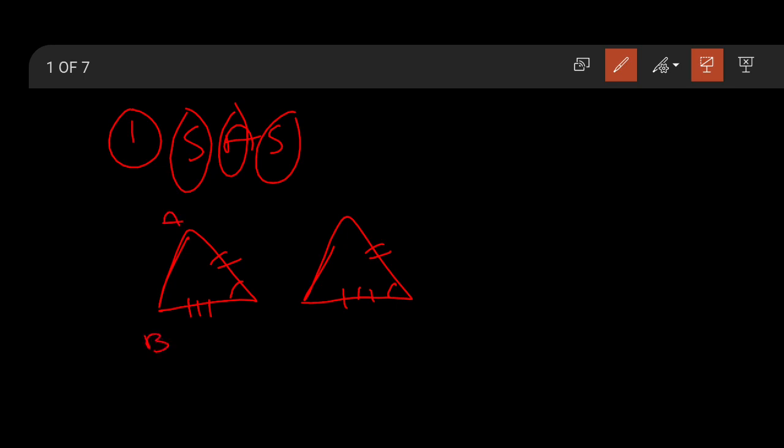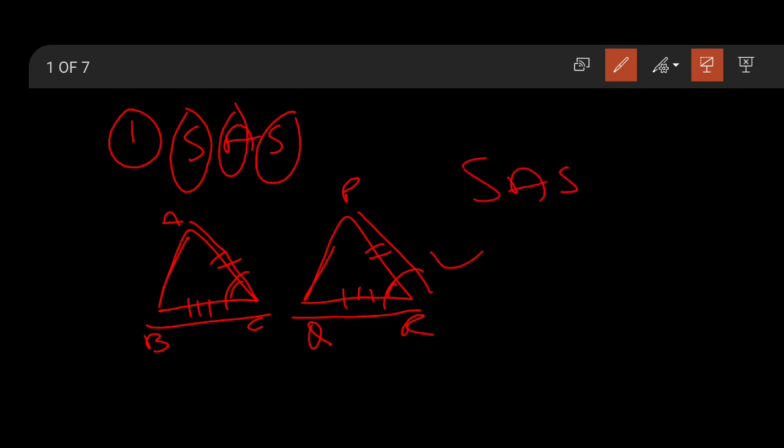The names are ABC, PQR. So the identical marks show the test of congruence. You can say side angle side. So on the basis of SAS test, these two triangles are congruent.